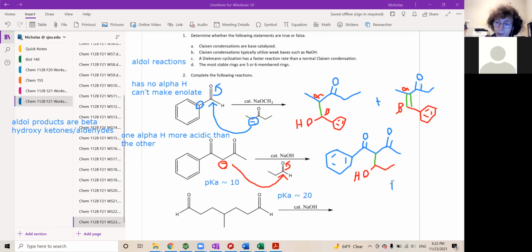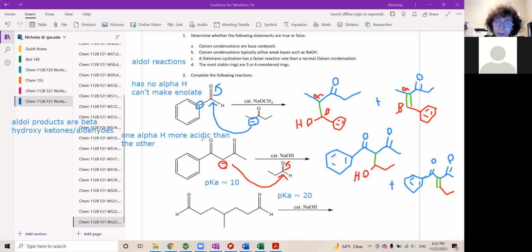And then you can also show the dehydration product. New bond at the alpha position. This time it's a double bond between the alpha and the beta carbon. And then two more carbons like this.